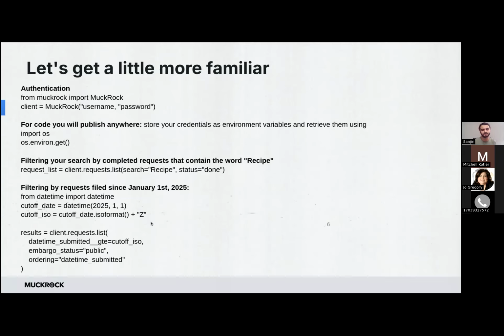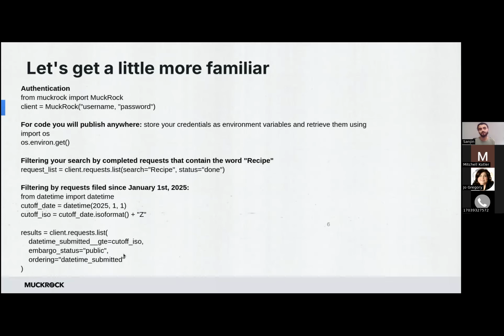The first part of the code is just structuring the format for what the datetime looks like, what the API is expecting a datetime to look like. And then you can do a list operation on the request endpoint, and you can query based on when the request was submitted. So this is telling me I want to find requests that were submitted after this cutoff date.